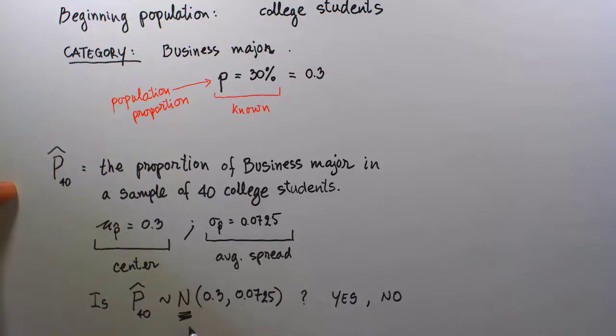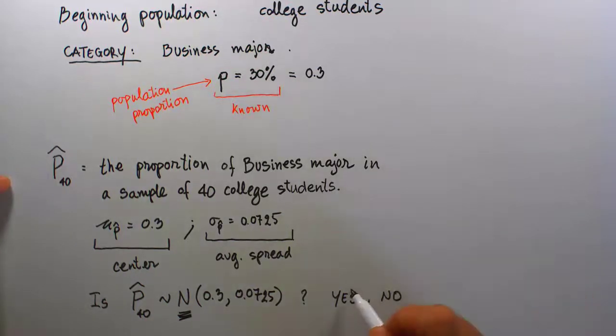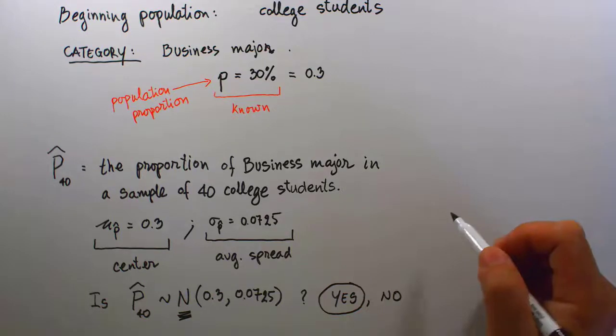Can this distribution shape be the nice bell curve shape of the normal distribution? Here's my argument: I would say yes to this question. Here's my reason.